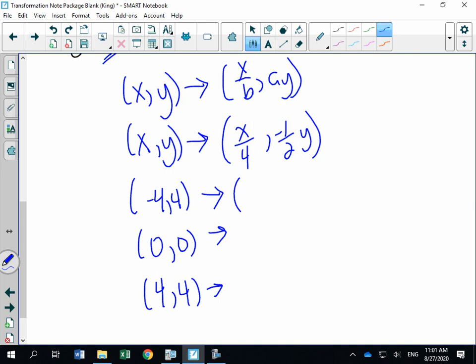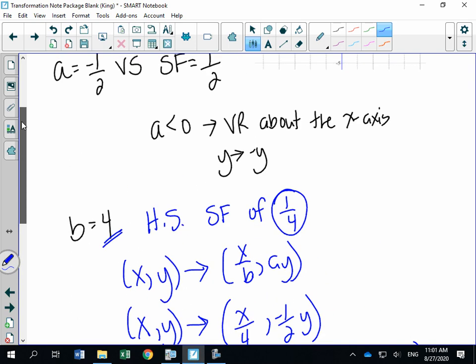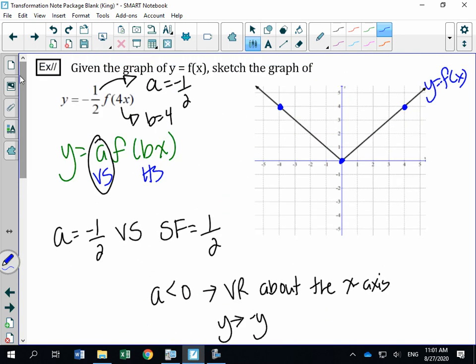Okay, so negative 4 divided by 4 and negative 1/2 times 4. That is going to be negative 1 and negative 2. So this point goes to x is negative 1 and y is negative 2, right?